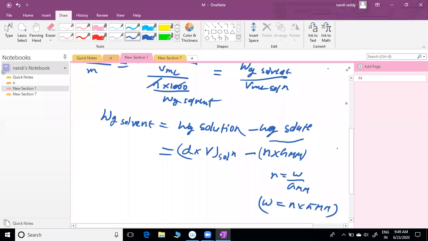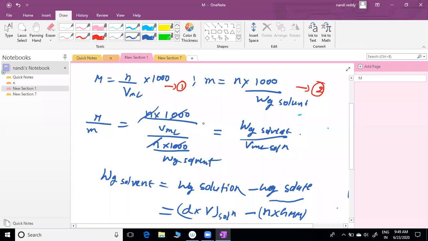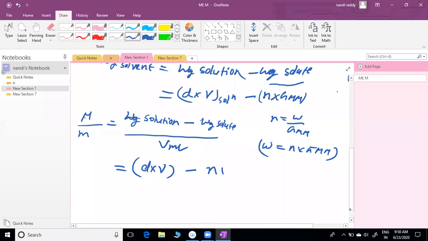Solvent equal to W grams of solution minus W grams of solute by V mL. So W grams of solution is nothing but density into volume of solution, minus N into gram molecular mass by V mL.